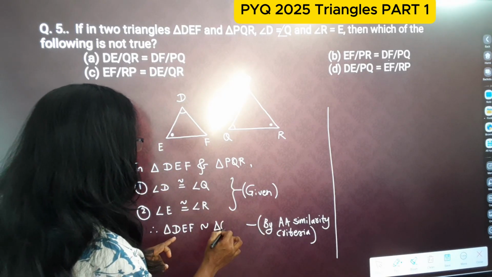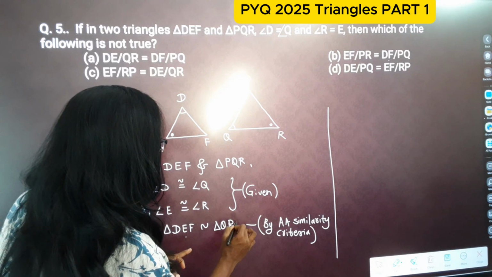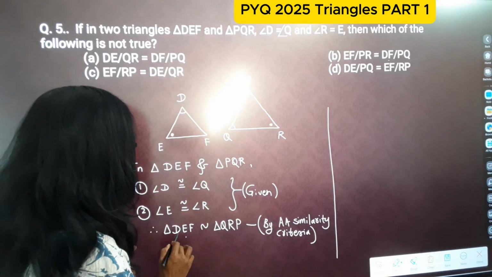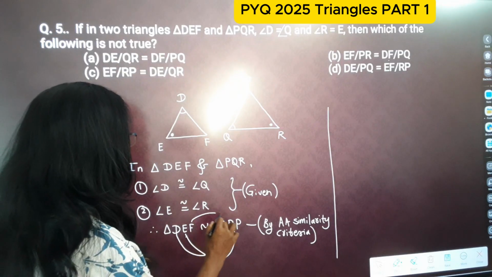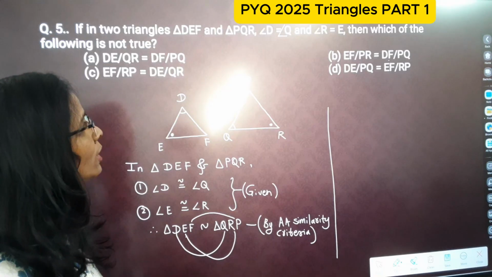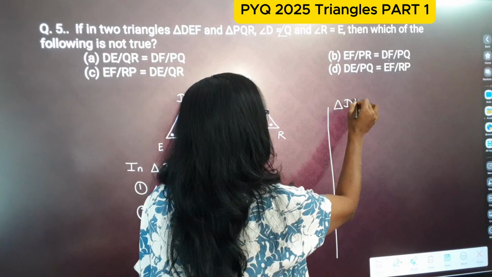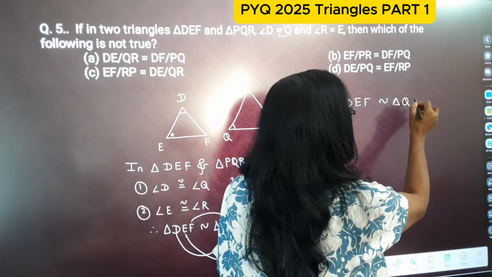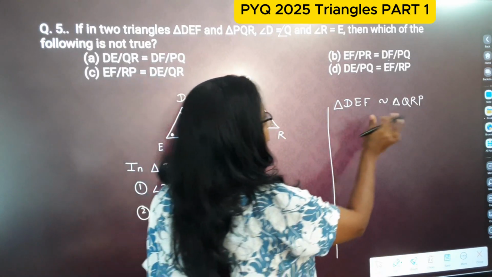D is congruent to Q, E is congruent to R, so triangle DEF is similar to triangle QRP, because angle D is congruent to angle Q, angle E is congruent to angle R, and then automatically angle F will be congruent to angle P. So triangle DEF is similar to triangle QRP, then their sides proportions are equal, ratios of sides are equal.